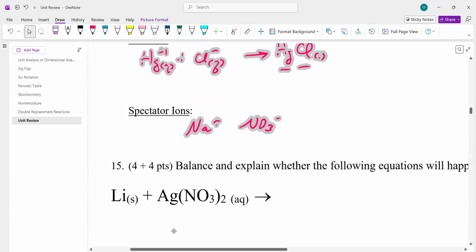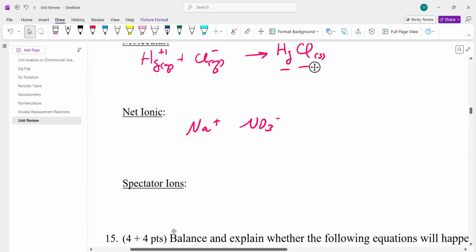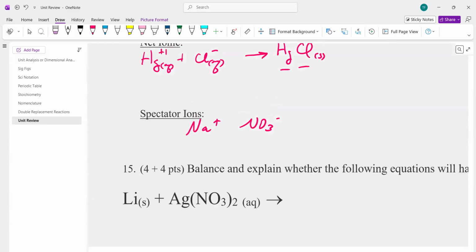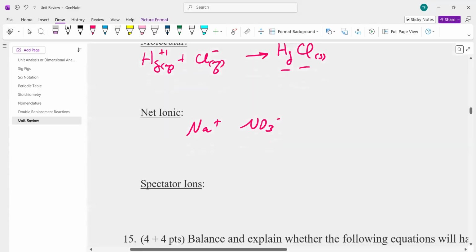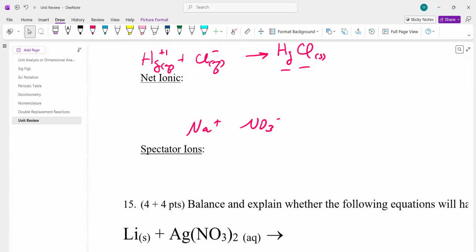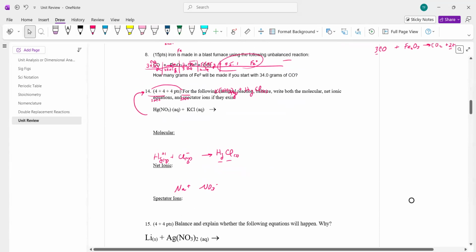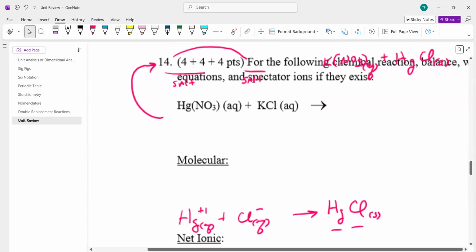Can you do another one of those perhaps? I'm still confused on that as well. You get. It's just spectator, and does it do anything with that?